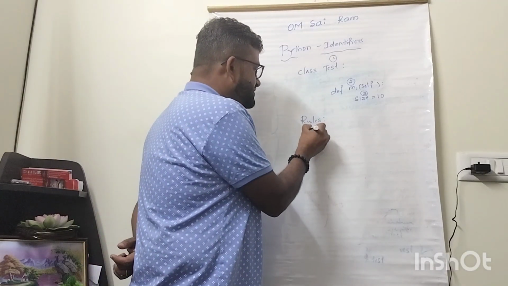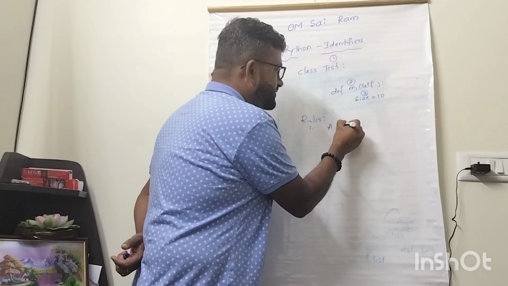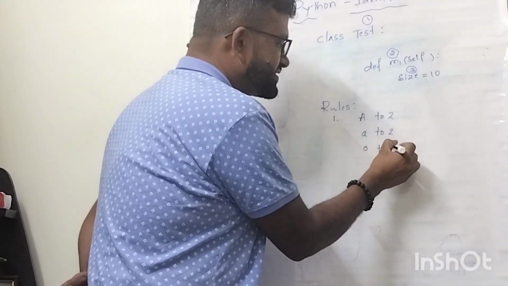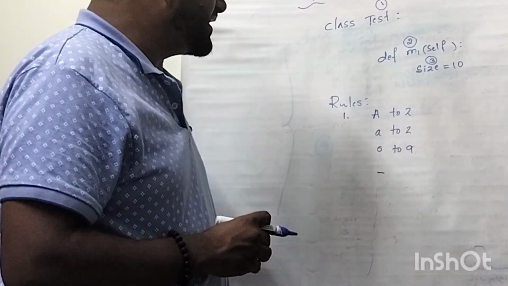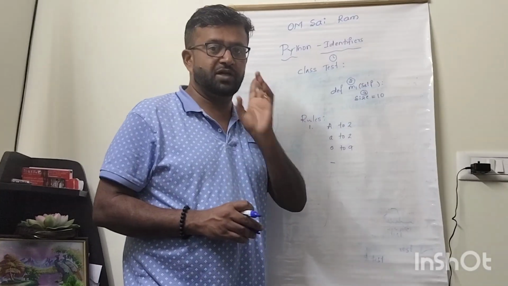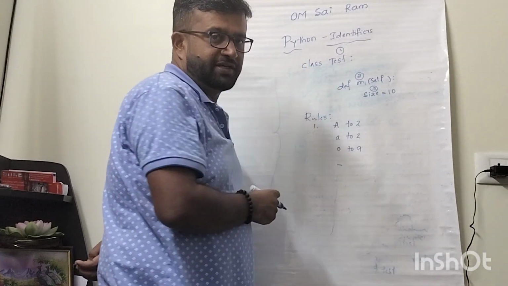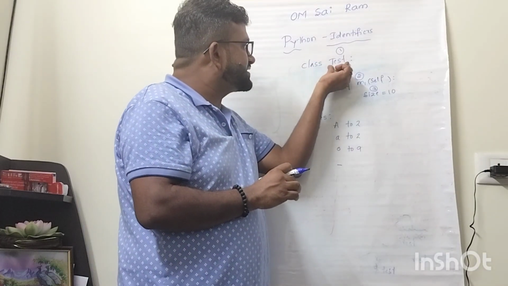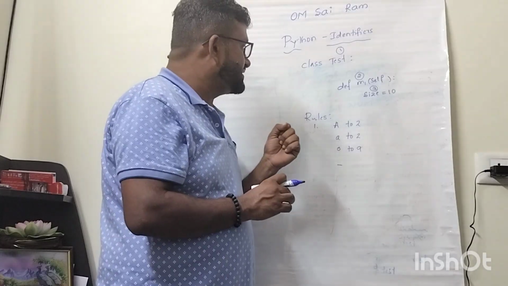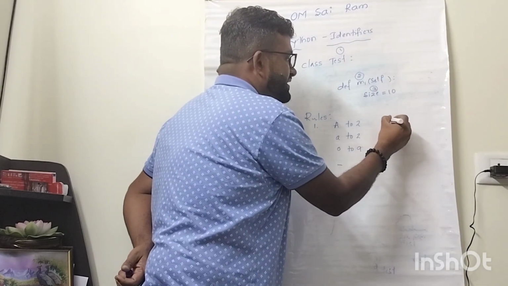The first rule is that the identifier name allows uppercase A to Z, lowercase a to z, digits 0 to 9, and underscore. In Python, the dollar symbol is not allowed, but in Java, dollar is also allowed. For example, if you create a class name called test, all the characters are allowed, so this is a valid identifier.